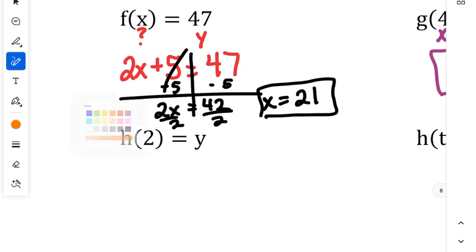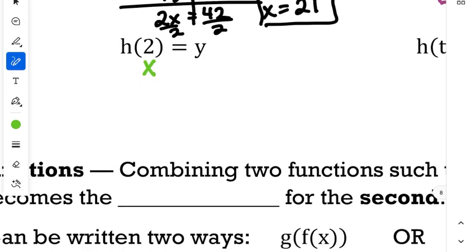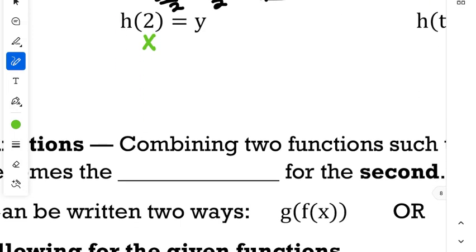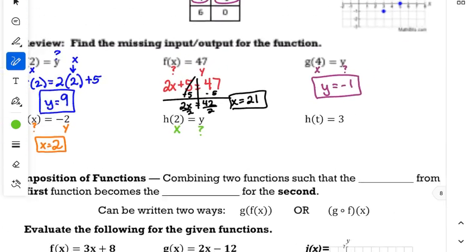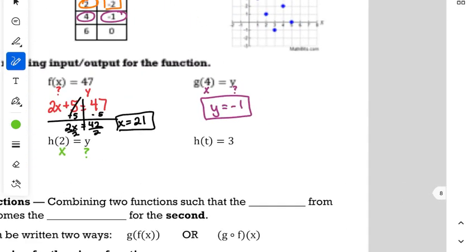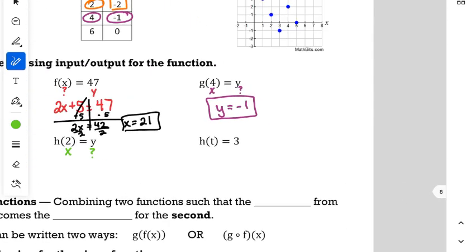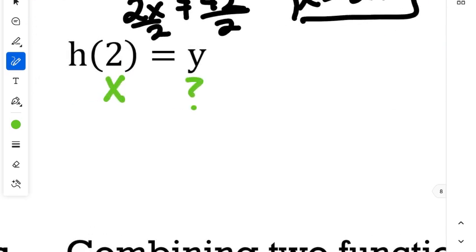Okay, h of 2 equals y. So right away, I'm going to label the 2 as an x. I want to know what y is, so I'm going to put a question mark there. So this is the graph. So for a graph, we need ordered pair. Remember, ordered pair is x comma y. They gave us that x is 2.